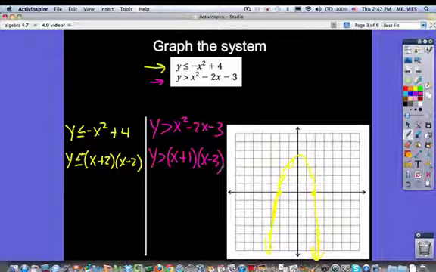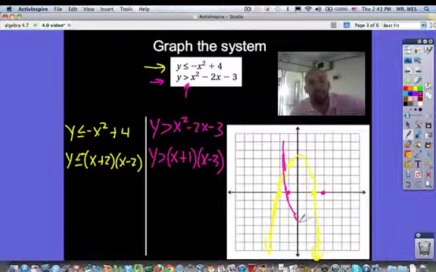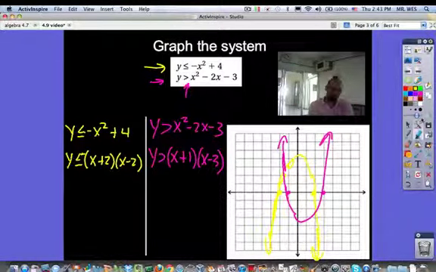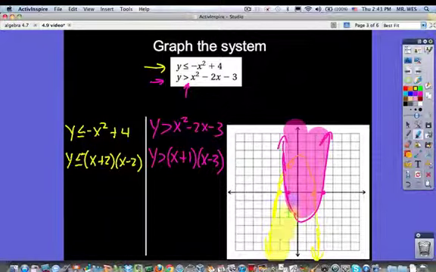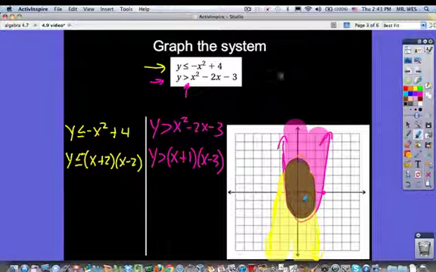So we know that it's going to hit over here at positive 3 and negative 1, but it's going to be opening up because the a is positive. Again, I forgot to make the line dashed. And there we go. Now we do the math and we find out that it's included here with the purple, but for the yellow, it's included down here. So the part that matters the most is obviously the part that crosses. That is going to be the answer to this system of inequalities.